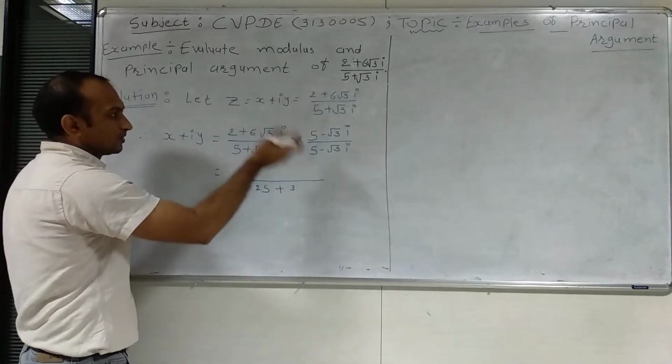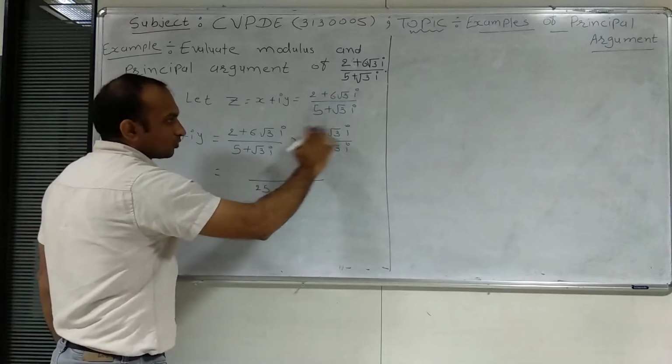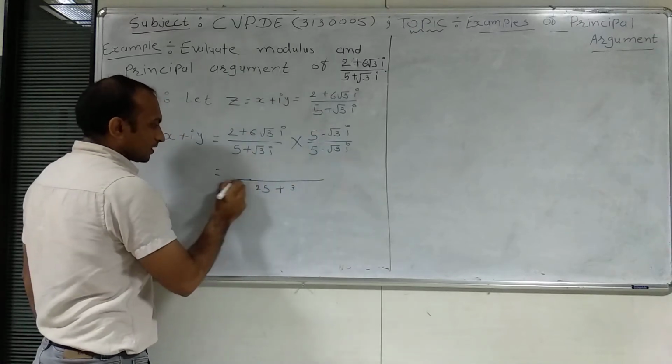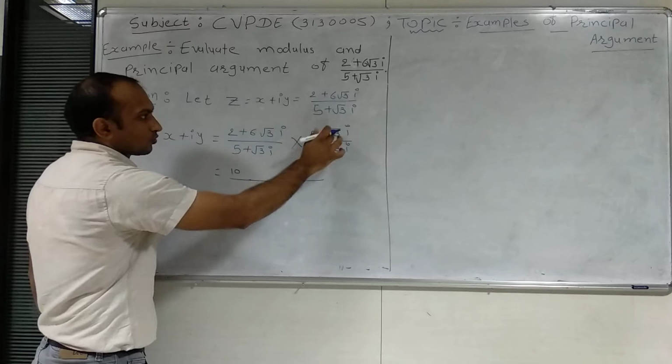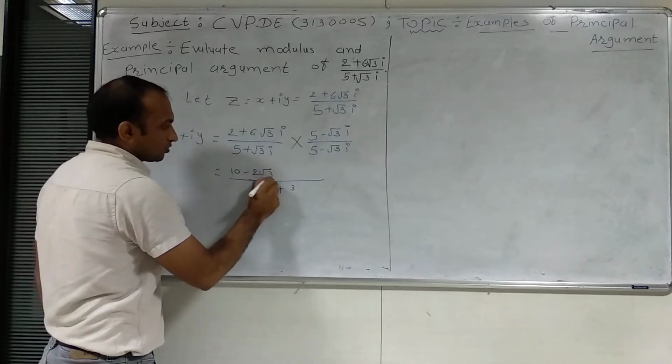Now the multiplication of the numerator. First we take 2 and multiply with these two terms. So 2 into 5 is 10, 2 into minus root 3 i, so minus 2 root 3 i.